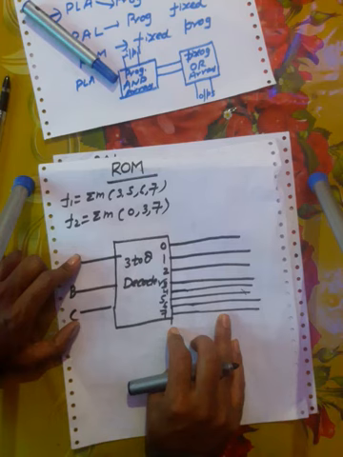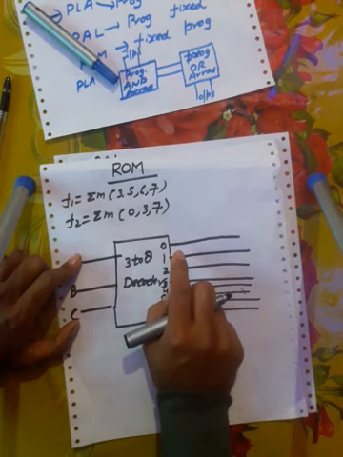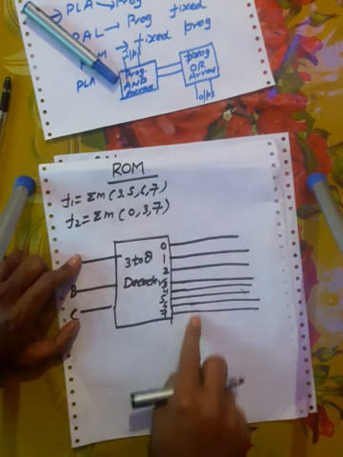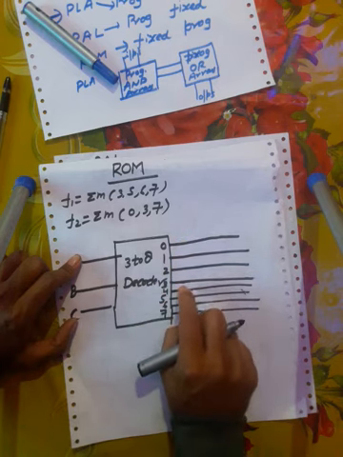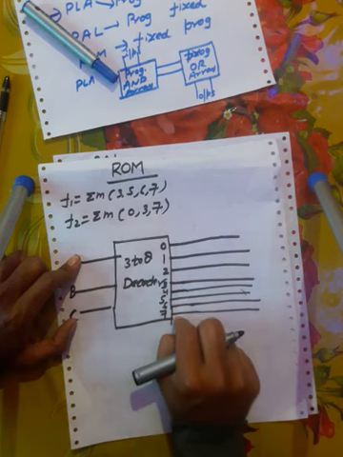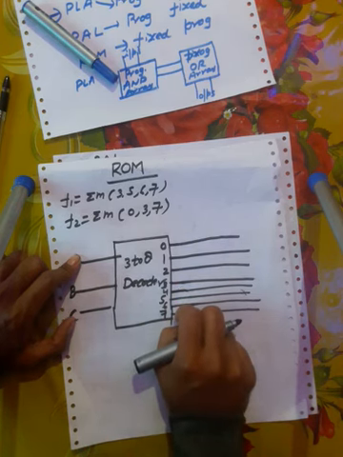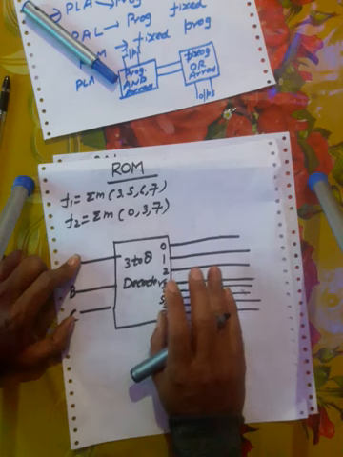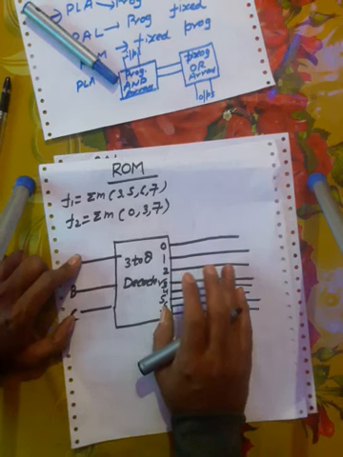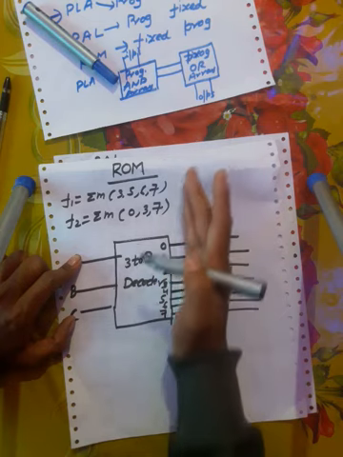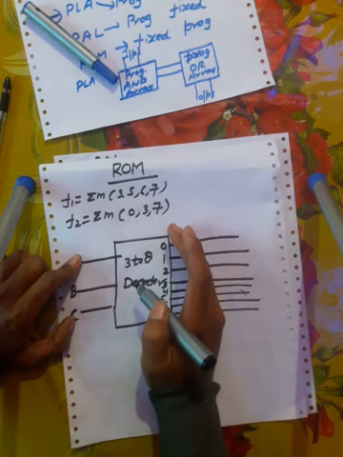We are already getting the AND terms here. This is A bar B bar C bar, Y0, this is Y1, Y2, Y3, Y4, Y5, Y6, Y7. So in this case the AND array is fixed, you do not change it; only the OR array is programmable.